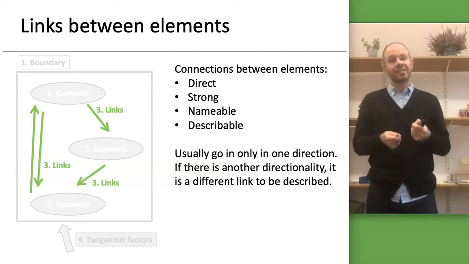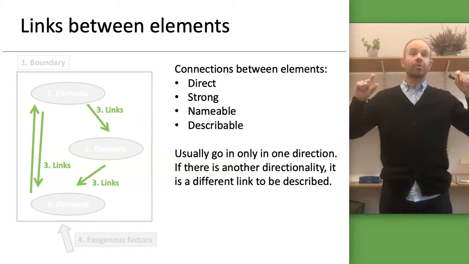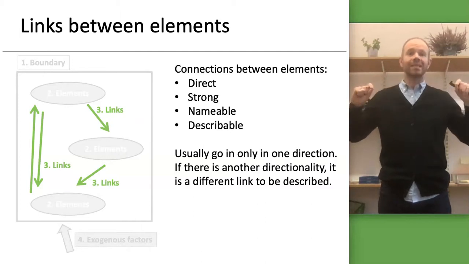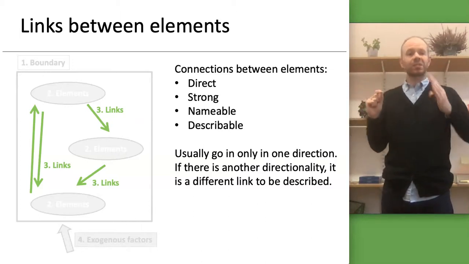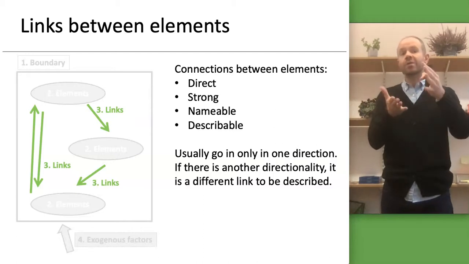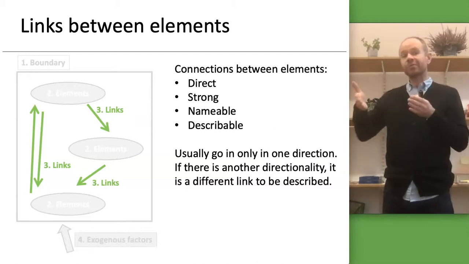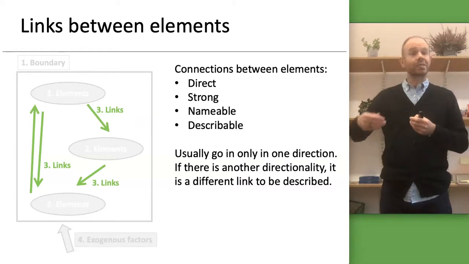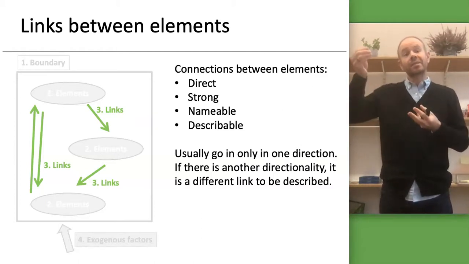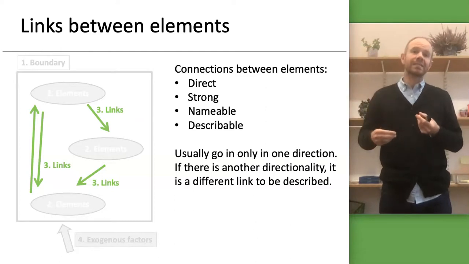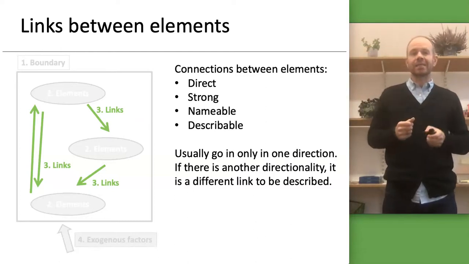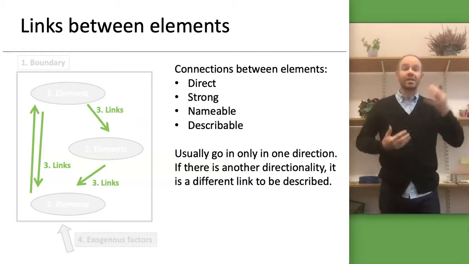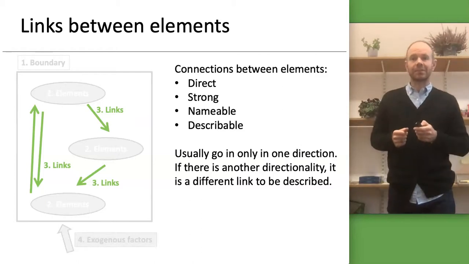So we don't tend to have two arrows with an arrow on both sides. We have our links most often going only in one direction because, again, if there's a different direction, it's a different link. It's going to have a different proportionality. It's obviously a different element beginning and a different element ending, and therefore that link is slightly different, even though it might be between the same two elements.